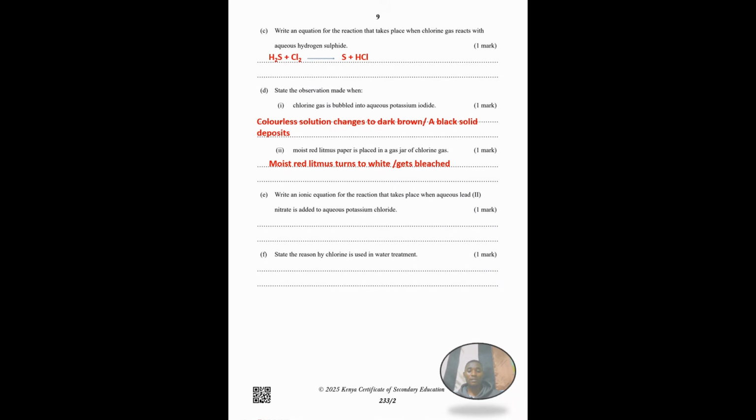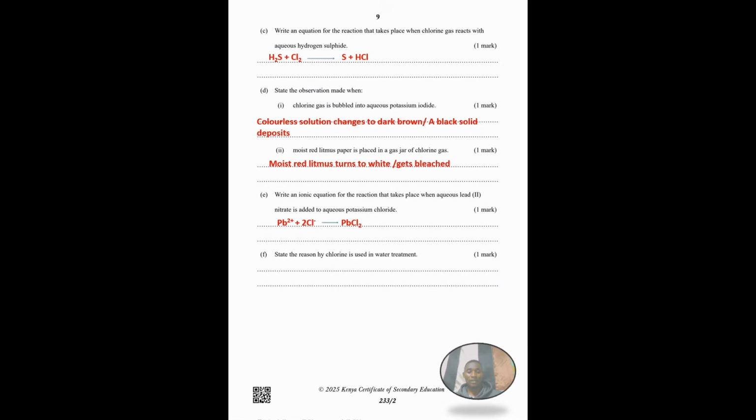So in this case, there will be an ion exchange where lead picks the chloride and the potassium picks the nitrate. Therefore, we shall have a mixture of two salts, one soluble, another one insoluble. So the ionic equation that leads to the formation of the precipitate comes from lead ions reacting with the chloride ions, and then leads to formation of lead chloride, which is a precipitate or a solid.